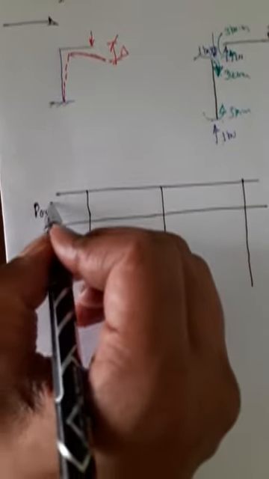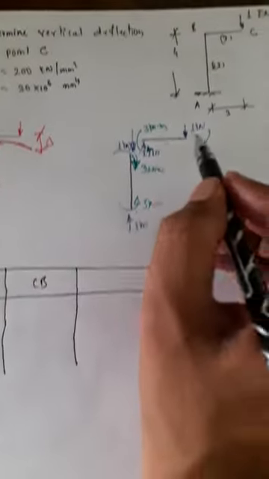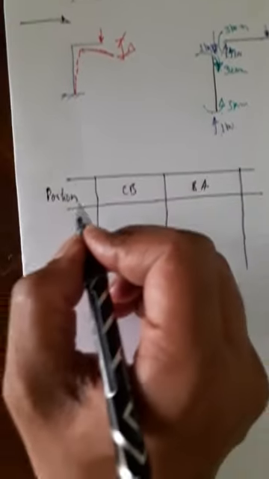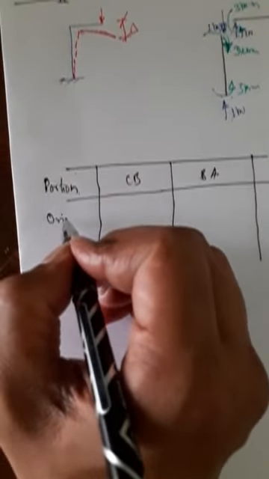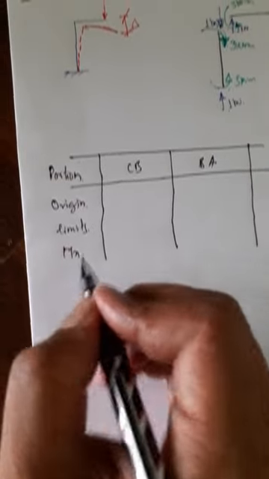Portion means beam, so first CB, BA. Next, origin of the section, limits of the section, bending moment M of the section, and EI values or rigidity values.